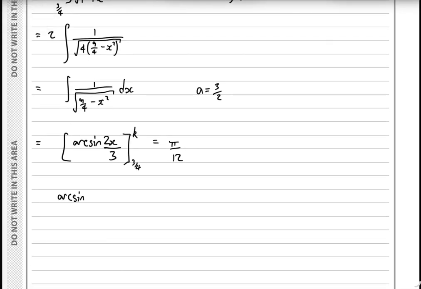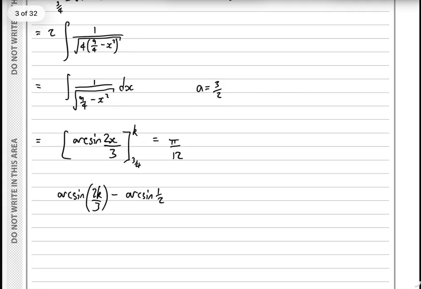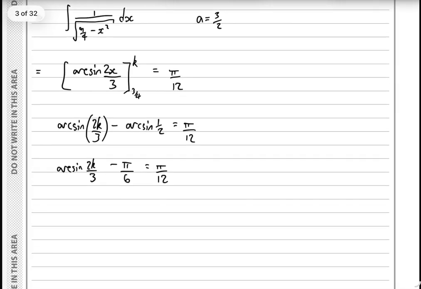Arc sine 2k over 3 minus arc sine a half, which is pi by 6, and that has to equal pi by 12, and this is still arc sine 2k over 3, pi by 6 plus pi by 12 is a pi by 4, so then we can bring that on the other side.